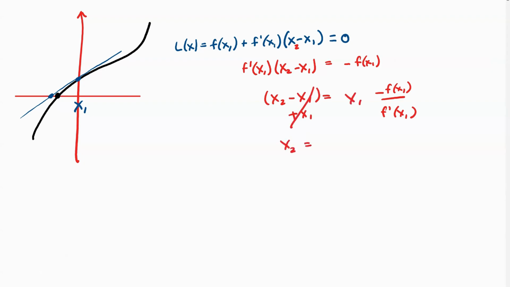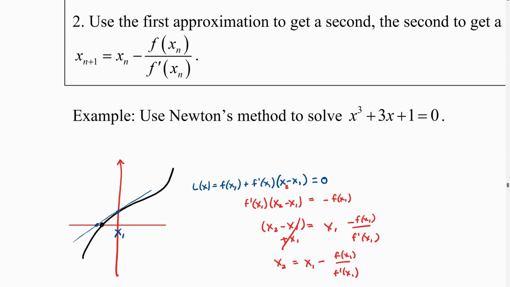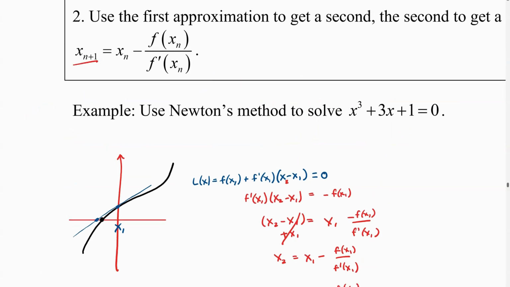X sub 2, our second guess, can be found by taking x sub 1 and subtracting f of x sub 1 divided by f prime x sub 1. Now, that will get you x sub 2. If you want x sub 3, you just repeat this process, but you use x sub 2 in all of those different positions. And what we say in general is codified right here: to find the next guess, take the previous guess and subtract the function value divided by the derivative value.